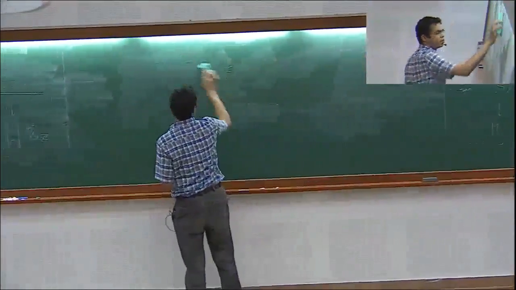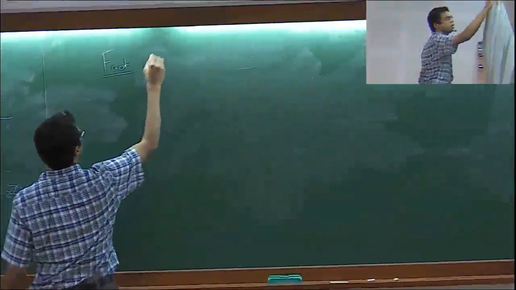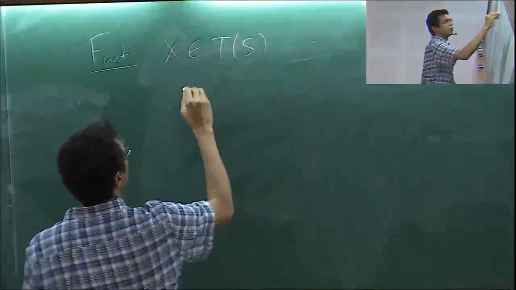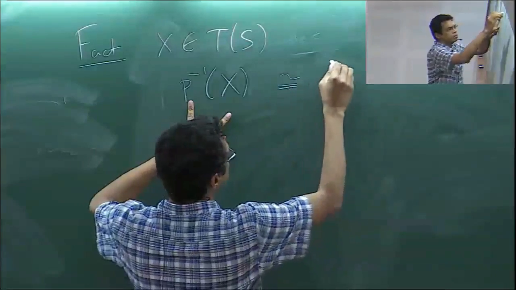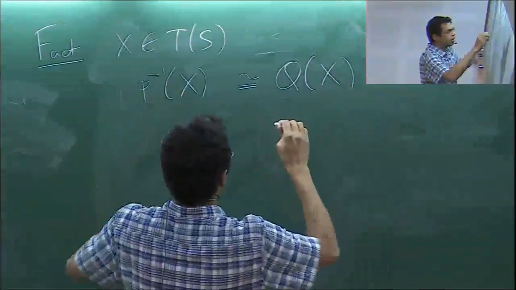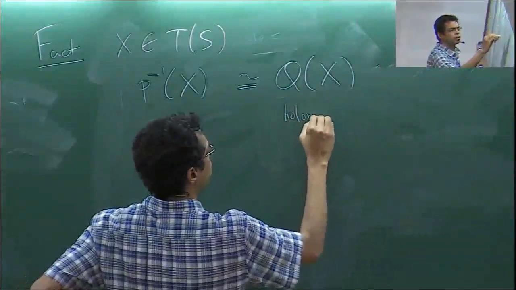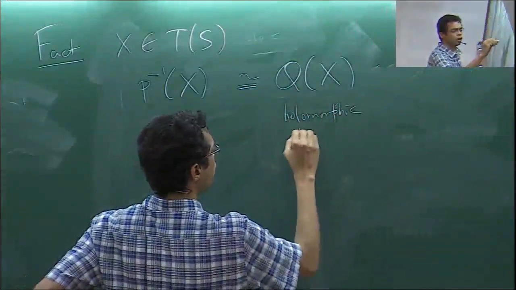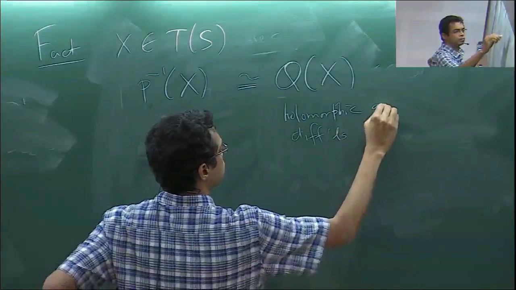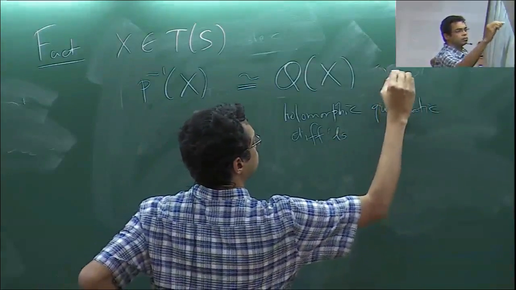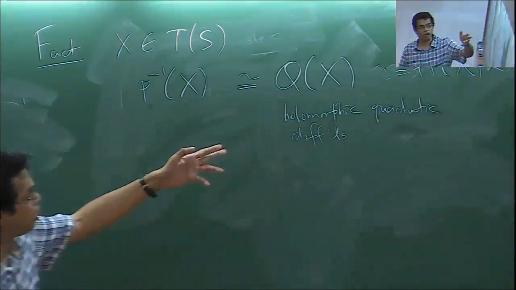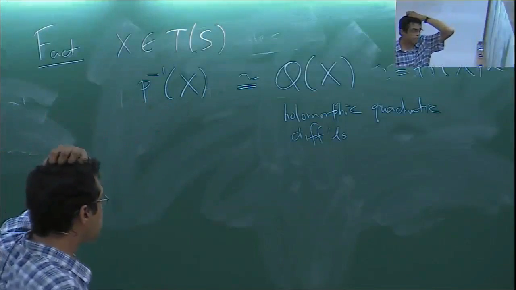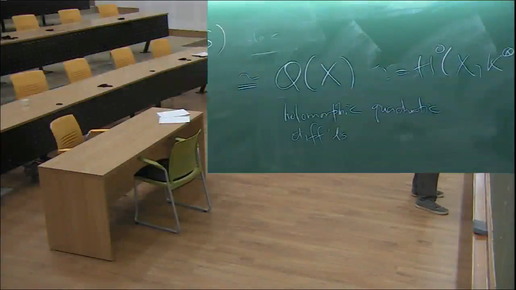As I mentioned, if you fix a point in Teichmüller space, and you look at all complex projective structures with that same underlying Riemann surface, that turns out to be equal to, or can be identified with, the space of holomorphic quadratic differentials on X. And this is 3G minus 3 complex dimensional.